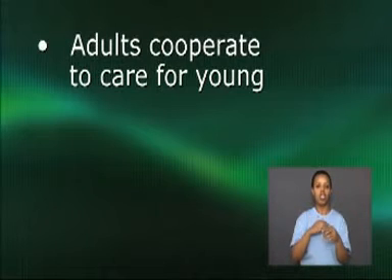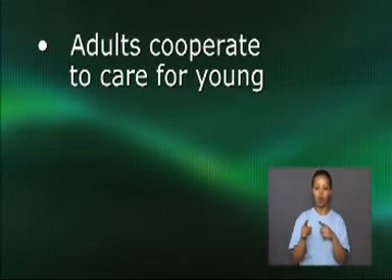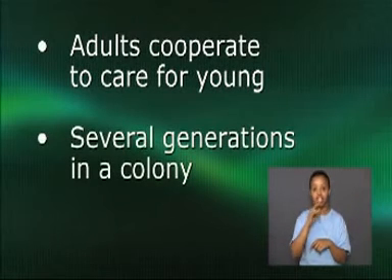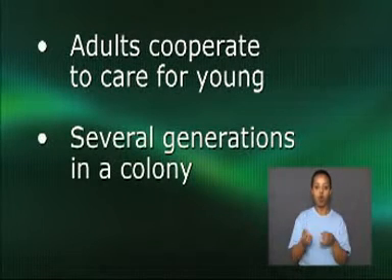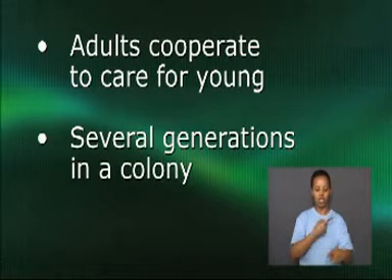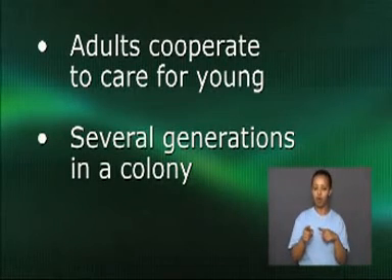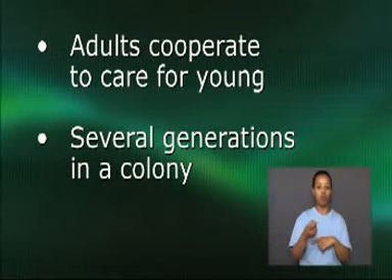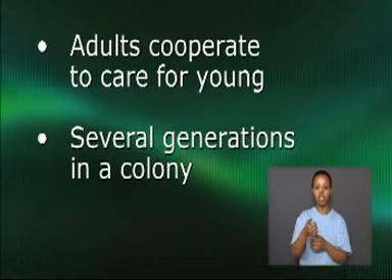Many individuals end up caring for offspring that are not their own. The second feature is that there are usually several generations in the colony. This increases the longevity of the colony and allows for offspring to assist their parents.